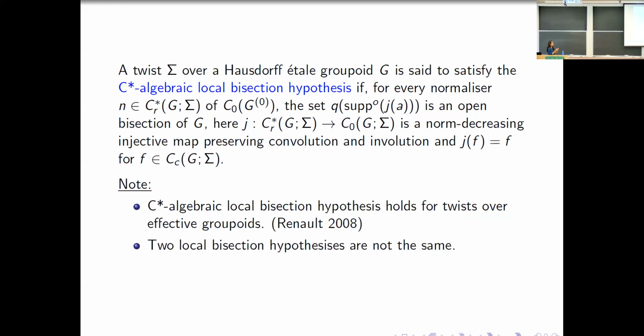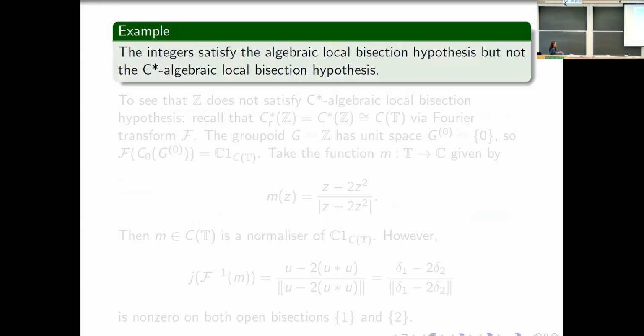However, the two versions are not the same, in the sense that even if we ideally look into the support of this normalizer, it matters whether we work with the normalizer from the C-star algebra or the normalizer from the twisted Steinberg algebra. They are not the same, okay? So I will show you an example and then I may finish here.